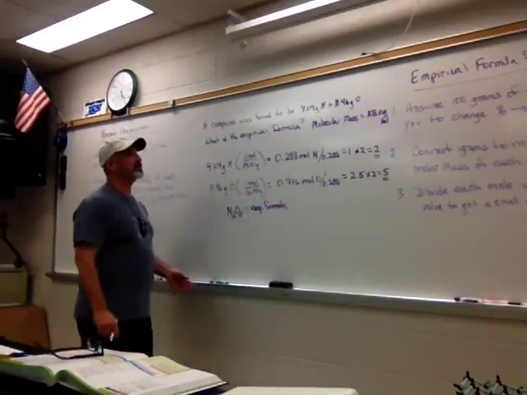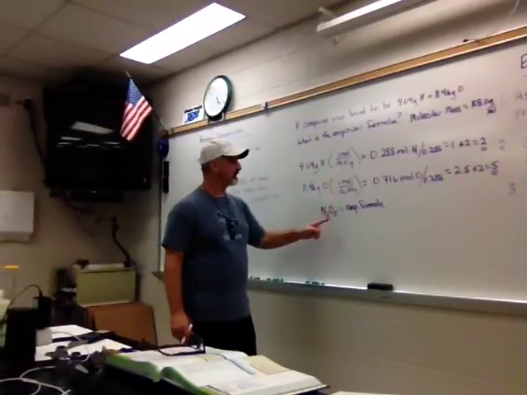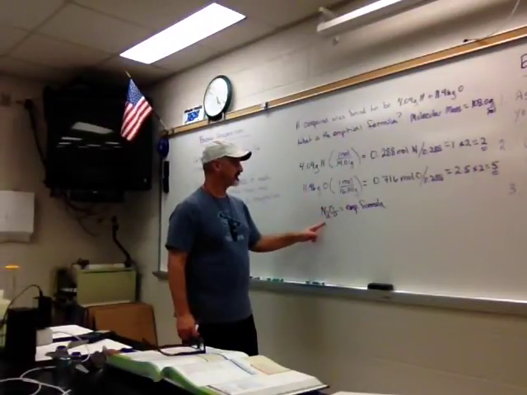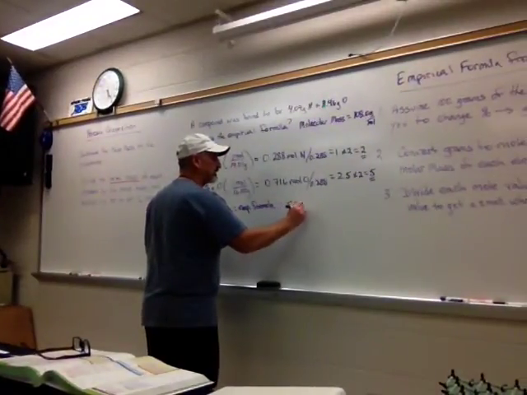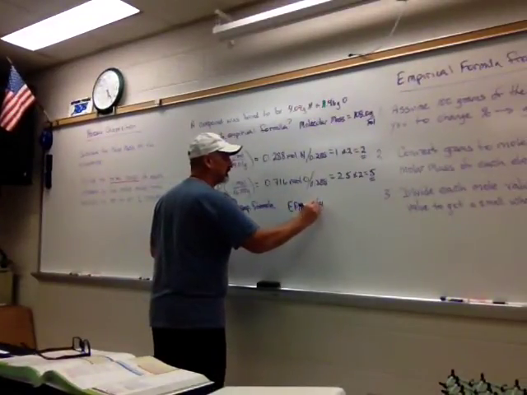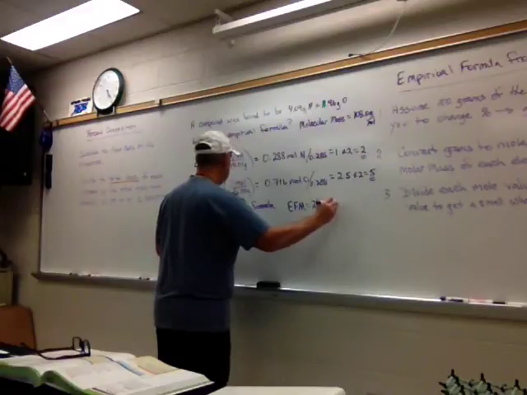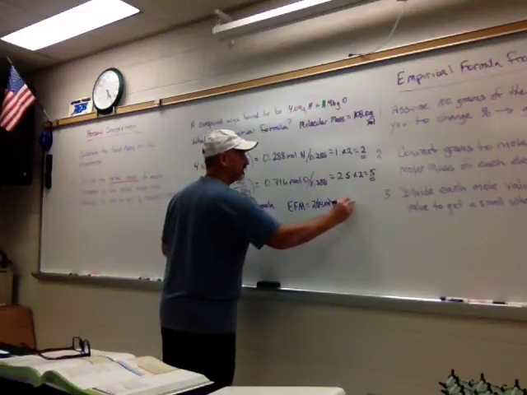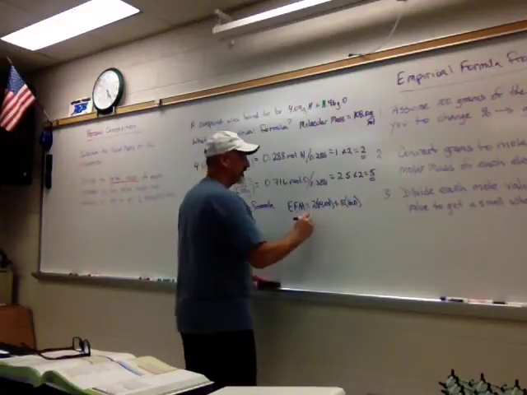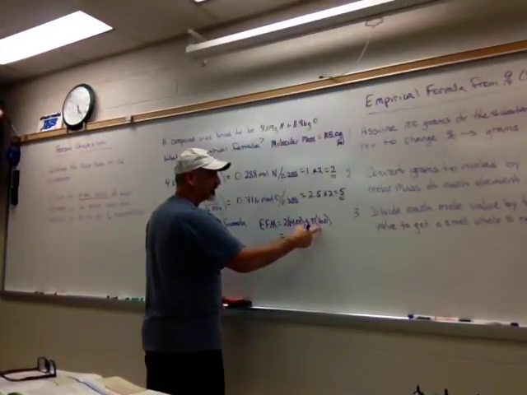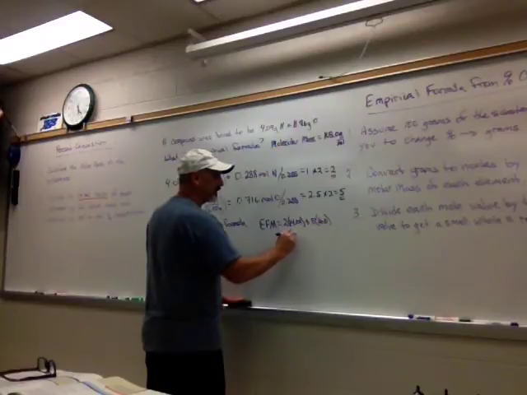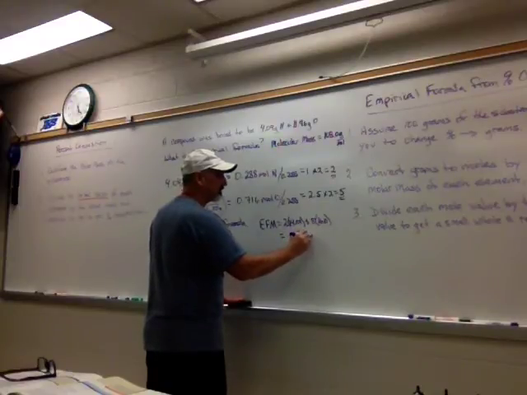Now, to find the molecular formula, I have to find the empirical formula mass. So the EFM is going to equal 2 times 14.01 plus 5 times 16.0, which is 28 plus 80, which equals 108 grams per mole.